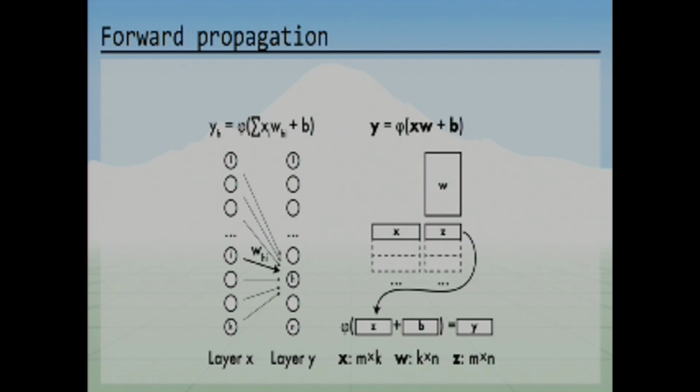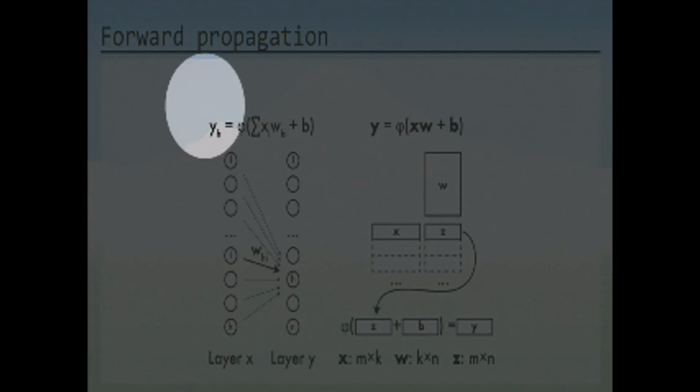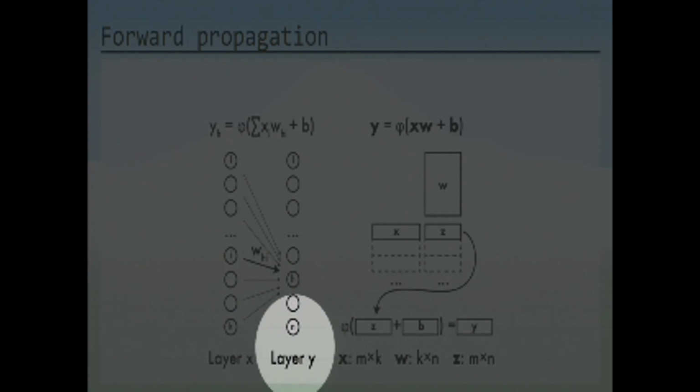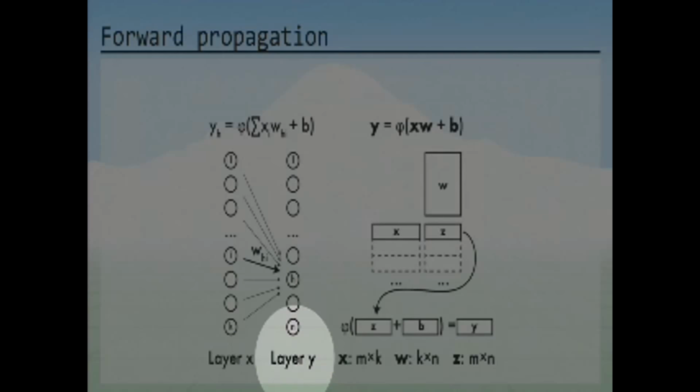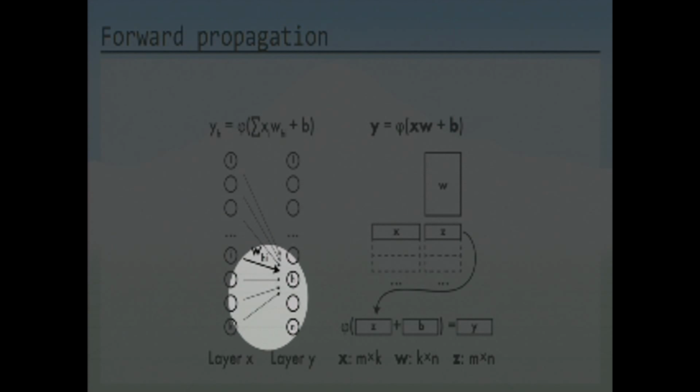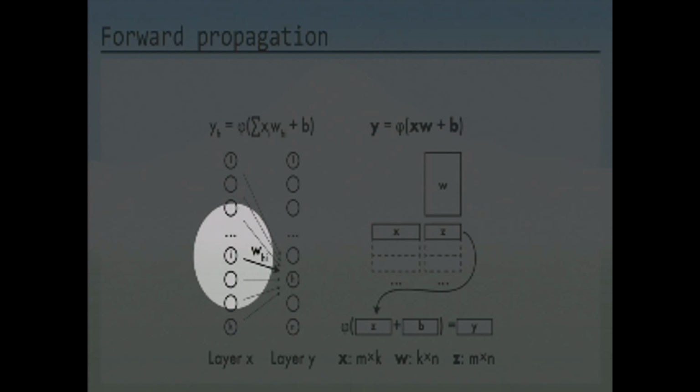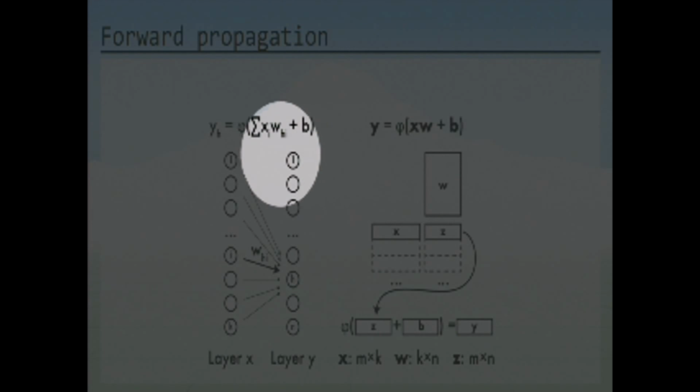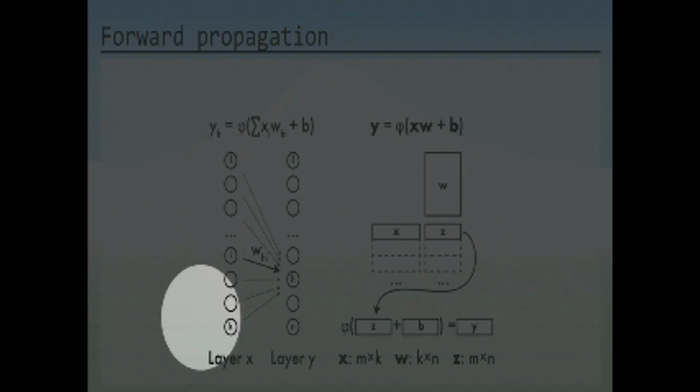We can think of this all in terms of matrix operations, which is cool because matrix operations are super fast. Imagine we have some layer of neurons x, and the next layer of neurons y. The output at some value h is going to be some weighted sum of the input: we multiply the weights w by the input x.